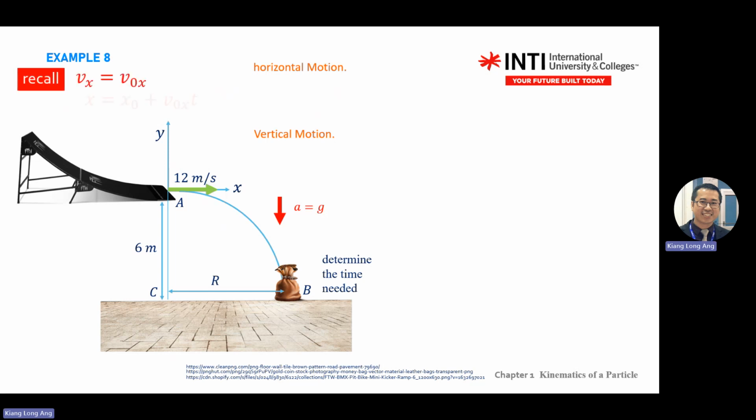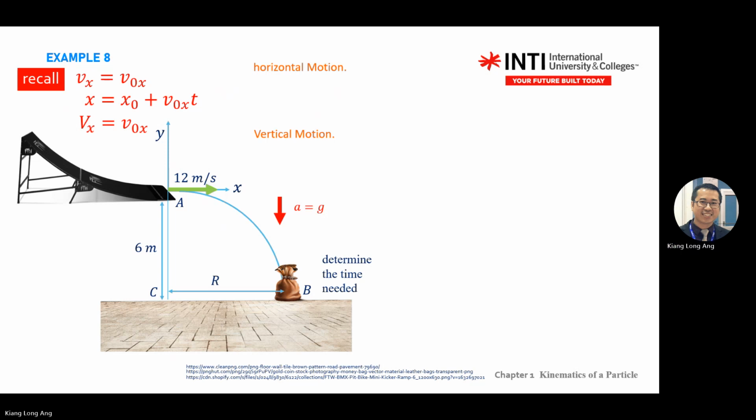So for horizontal, you know that your ax is 0. Again, you refer back to the 3 Newton equations and derive the equation, meaning ax equals 0. You will see the equation on the screen here. The second equation arrives at this x something, and the third equation is also the same as the first one.